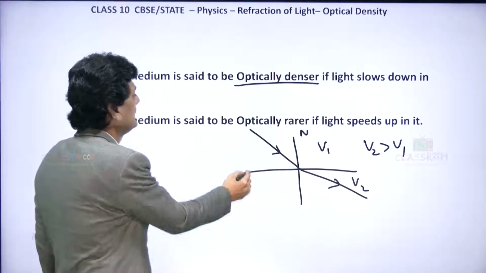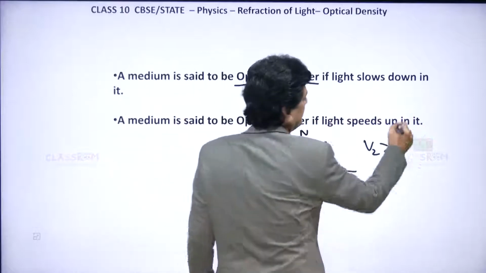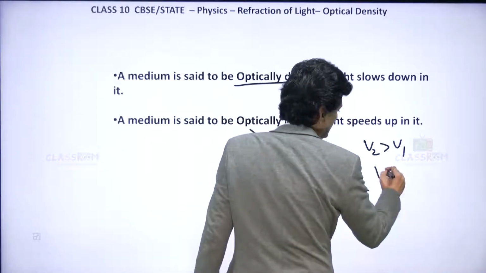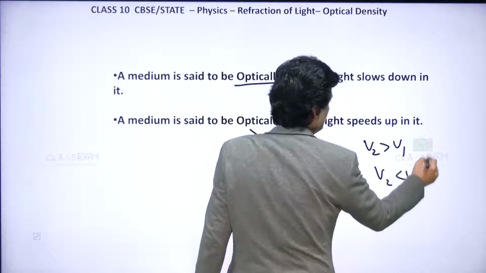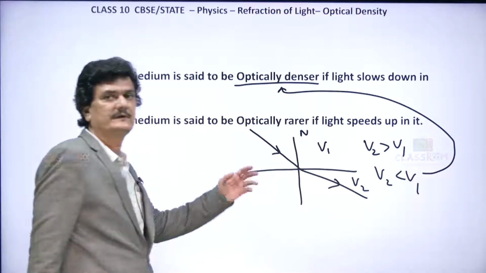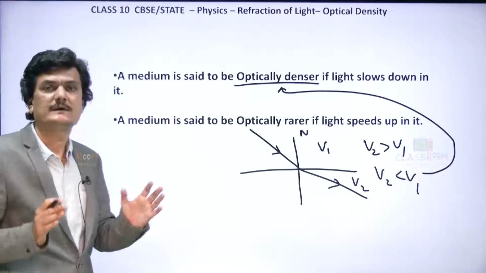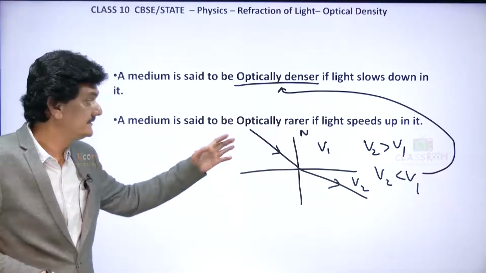It is an optically rarer medium. On the other hand, if V2 is less than V1, then it is an optically denser medium. If the velocity in the second medium is less than in the first medium, the second medium is optically denser with respect to the first medium.